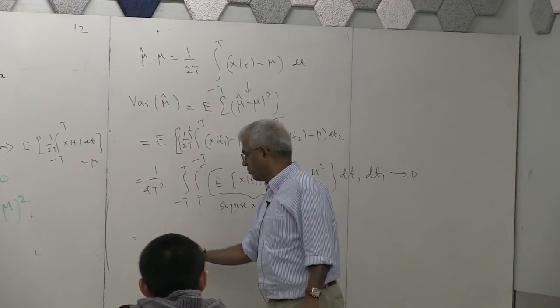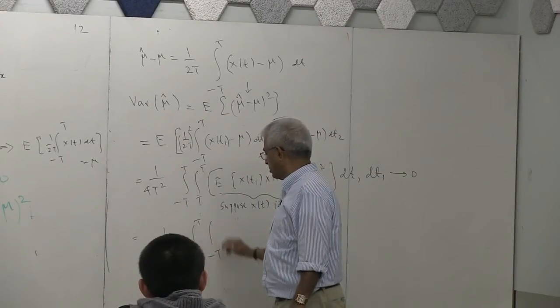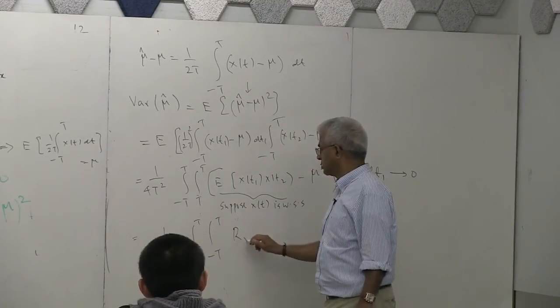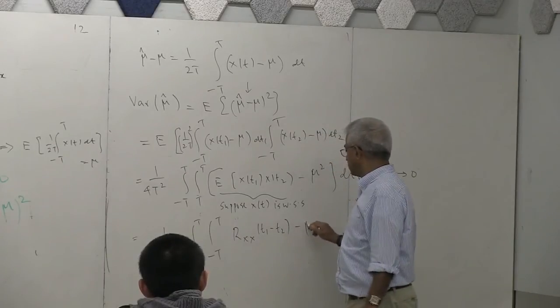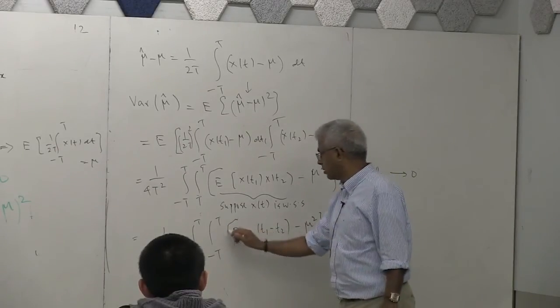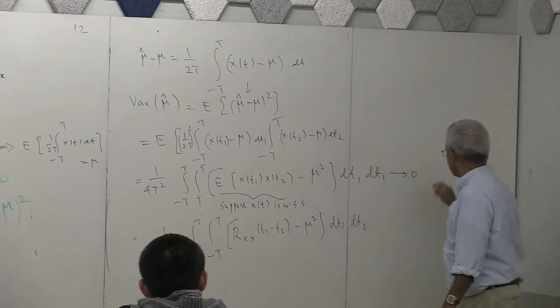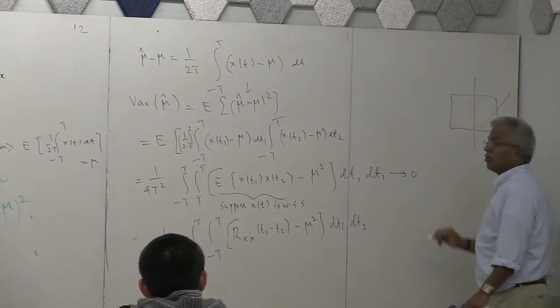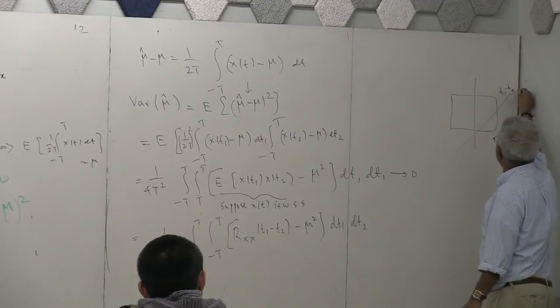So this is 1 over 4T squared, integral from minus T to T, integral from minus T to T, of Rxx of t1 minus t2 minus mu squared, dt1 dt2. We went through this before. We need to do the integration inside this, but only along this line, where t1 minus t2 equals tau.